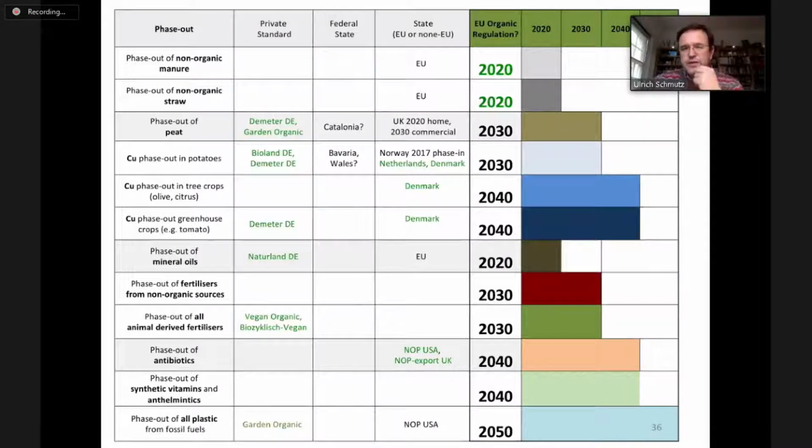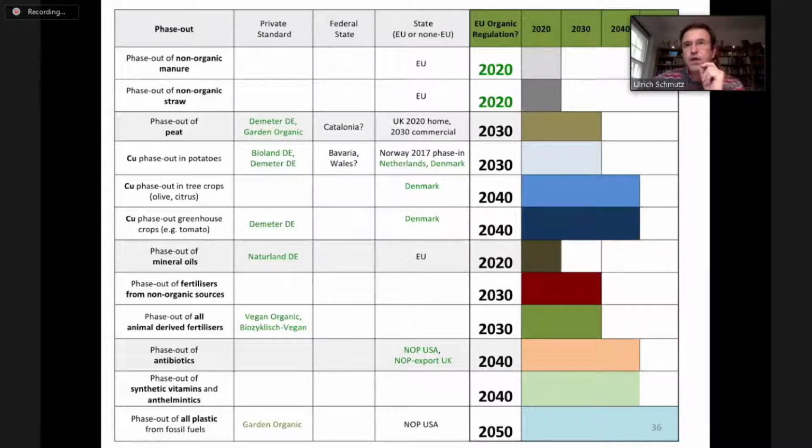We have phase-outs for peat for 2030, so that could be done. We think we could phase out copper at the moment. Again, it's not normative, this is for discussion. But in potatoes it's easier, and that could be done by 2030. In tree crops, olives and citrus, it's more difficult, and we think that could take 10 years longer. The same in potatoes.